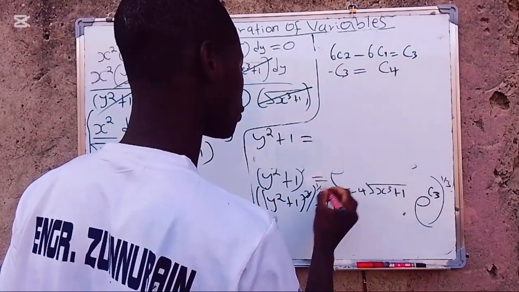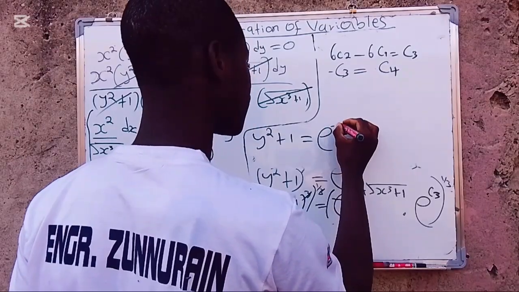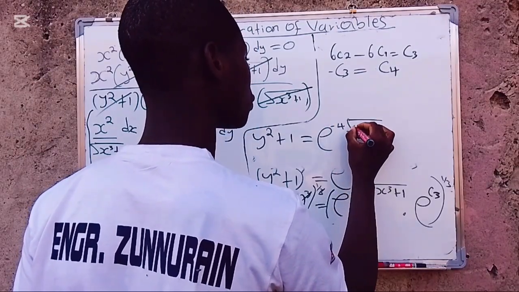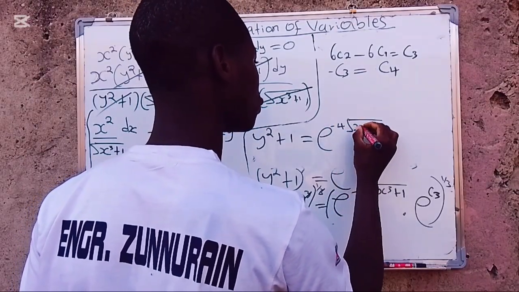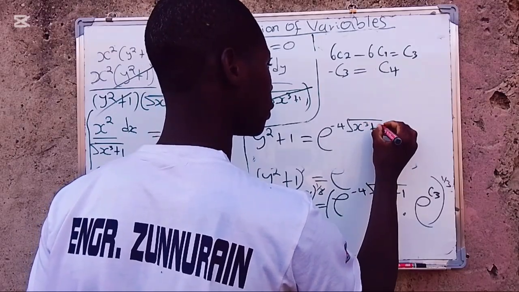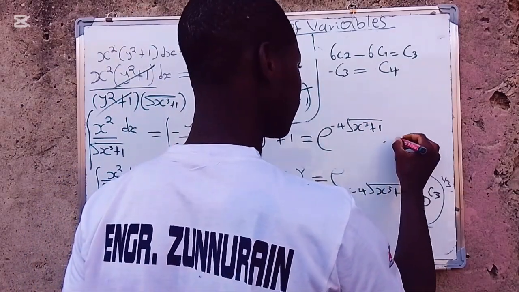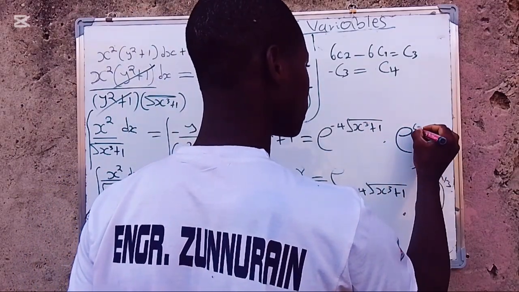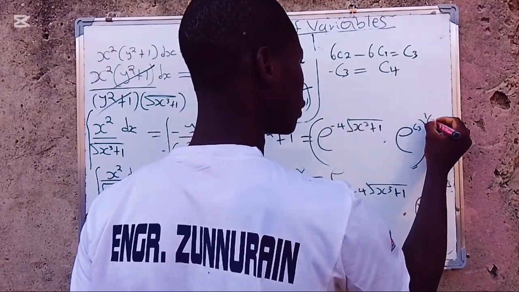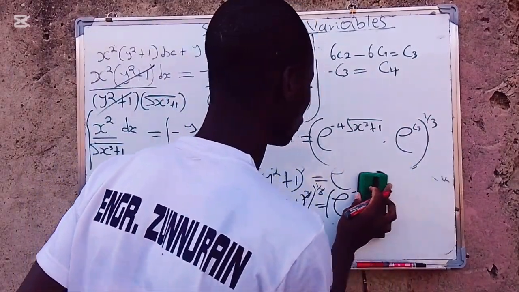It will be equal to e to the negative 4 into the root of x cube plus 1, and therefore multiplied by e to the c3, but all in cube, to the power of 1 over 3.